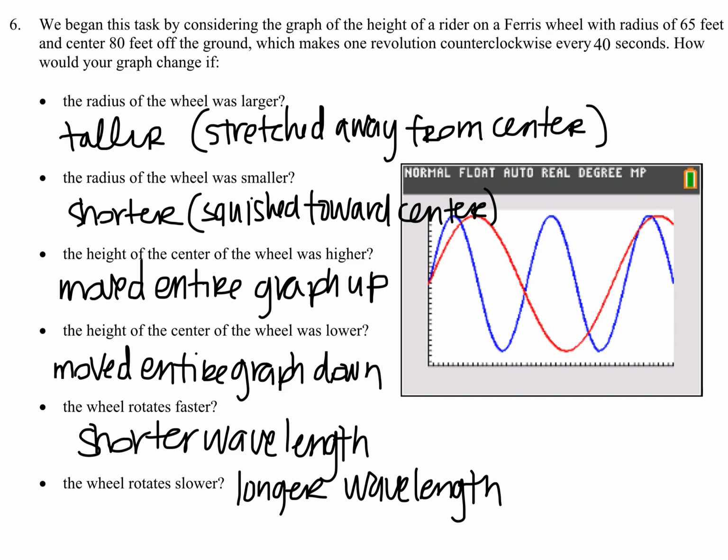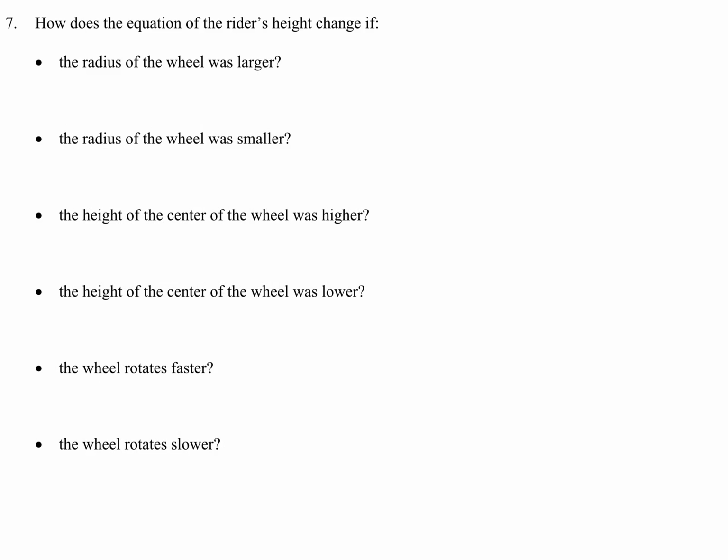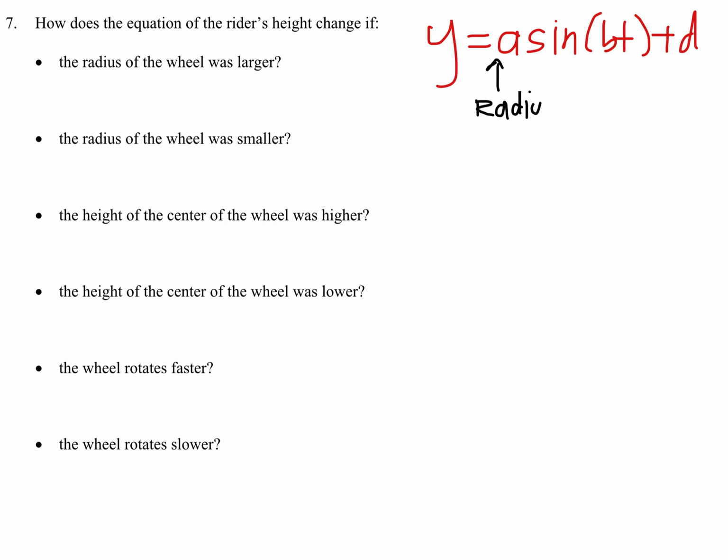We can also see what changing each of these things is going to do to my equation. I'm going to write my equation as y equals a times sine of bt plus d. If you remember, we said a was the radius, d was the center height.